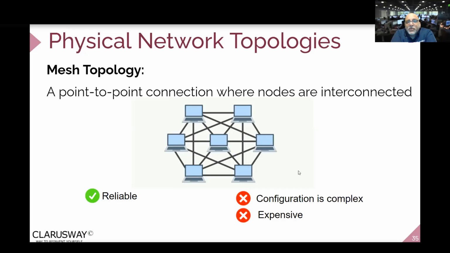But what's obvious to you here with setting this thing up? If you had to set this up at your house or at your office, what's obviously complex to do here? Right, that whole cabling. It means you have to essentially run a cable from every device to every other device.